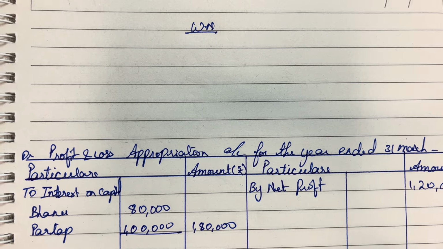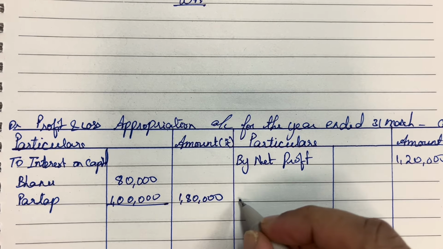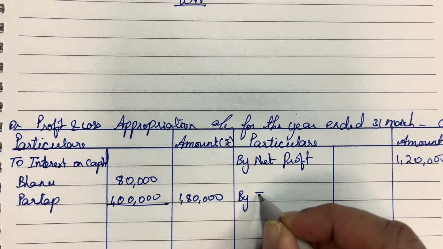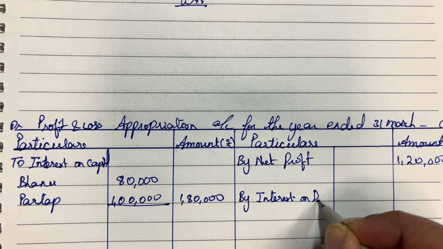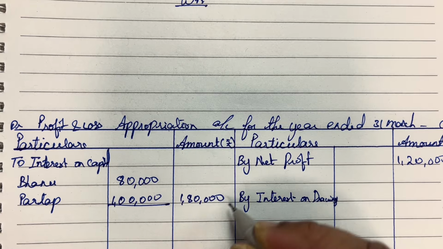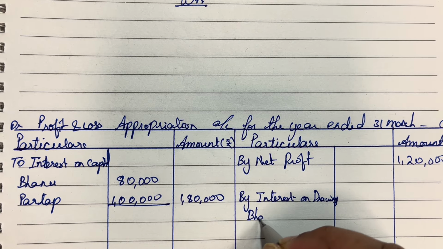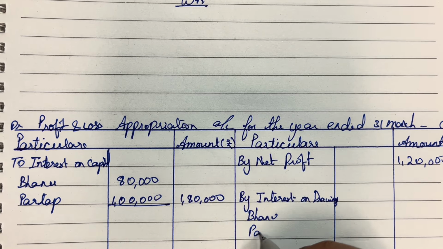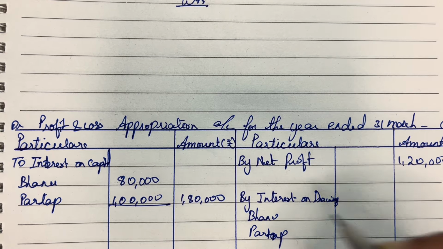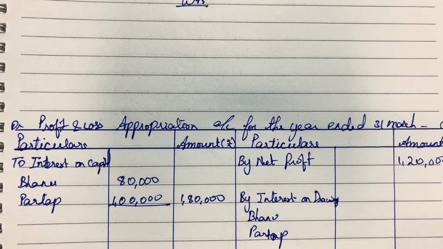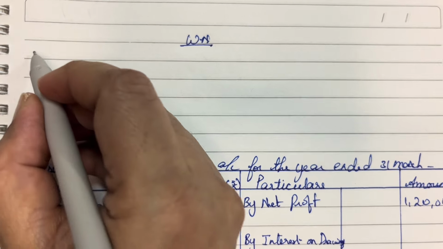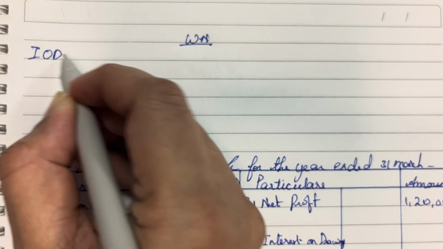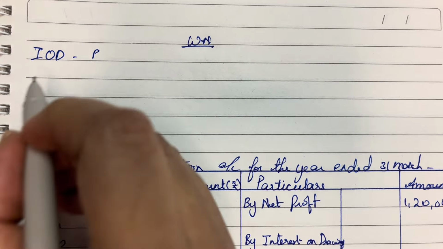Next is interest on drawings. So next is by interest on drawings. The partners' names Bhanu and Pratap. The interest on drawings is charged at 15%. So let's prepare the working notes for interest on drawings.